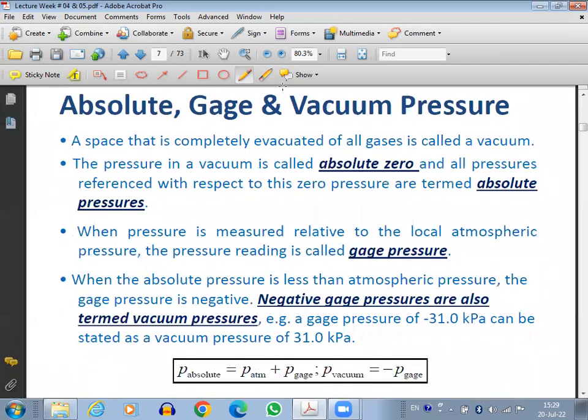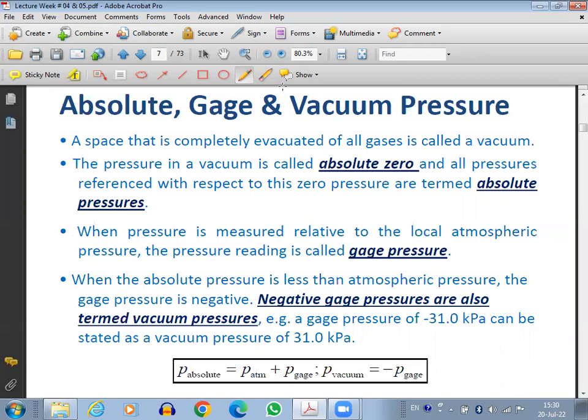Okay. Now we have some very important concept here, which is the absolute, gauge and vacuum pressure. This is the same concept which we studied in the course of thermodynamics. And since most of the students are those who have taken this course from me, I hope that you know it.